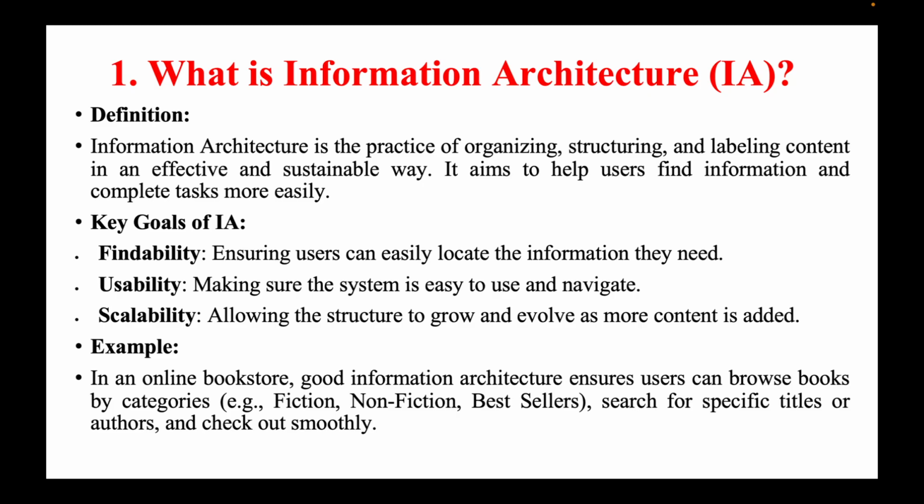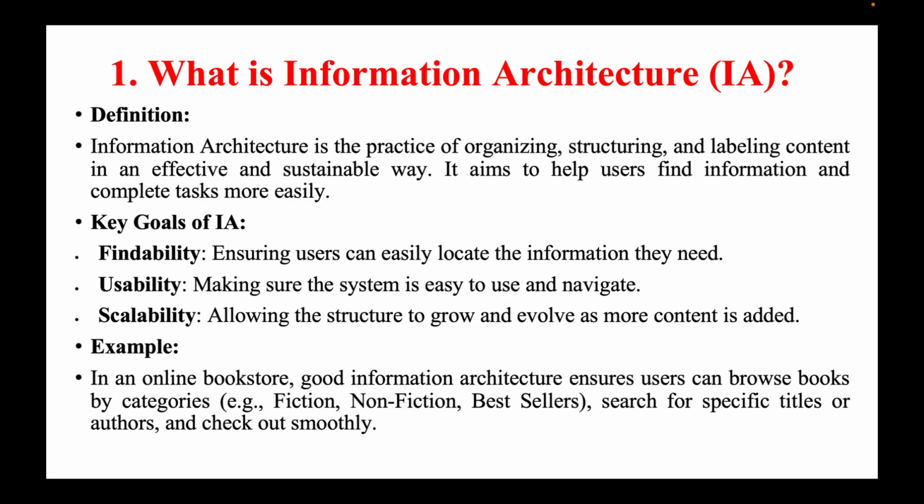One, findability. Ensuring users can easily locate the information they need. Second, usability. Making sure the system is easy to use and navigate. Third, scalability. Allowing the structure to grow and evolve as more content is added.